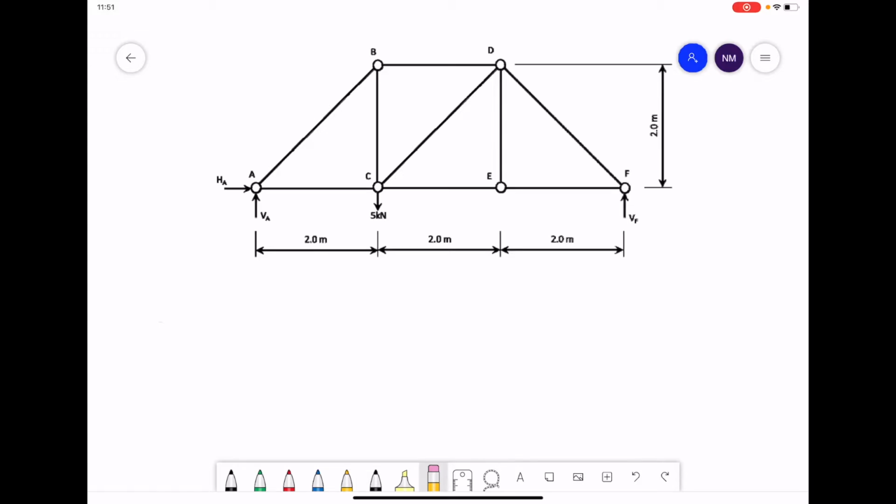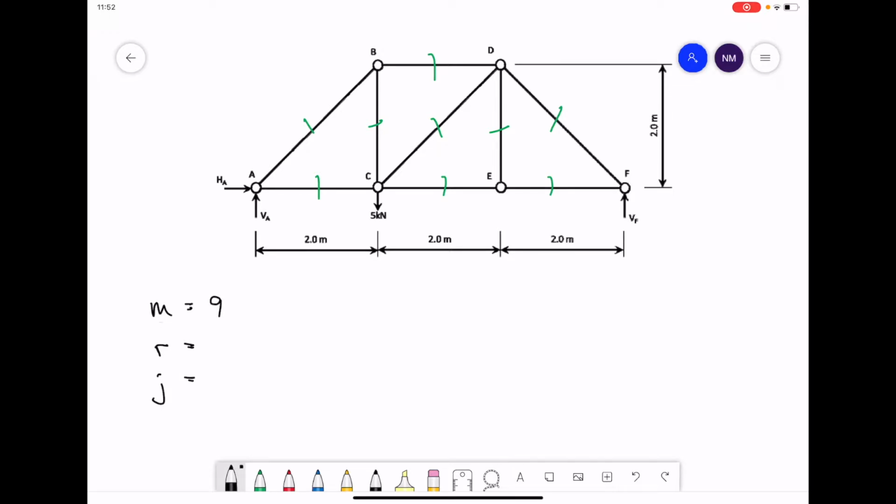Next thing is to prove that the structure is statically determinate, and for that we must count out the number of members, the number of reaction forces, and the number of joints. To count out the number of members, we have 1, 2, 3, 4, 5, 6, 7, 8, 9 members.